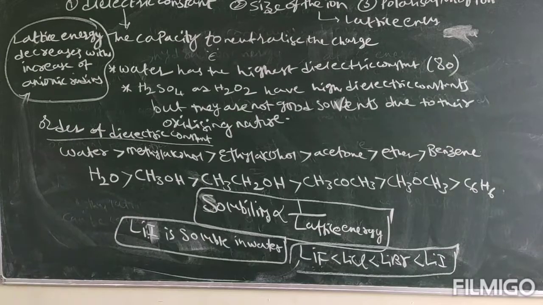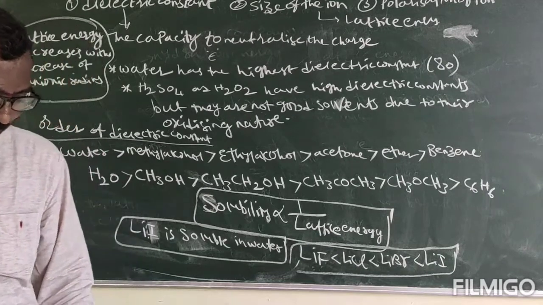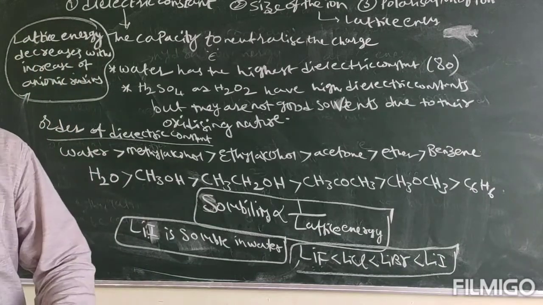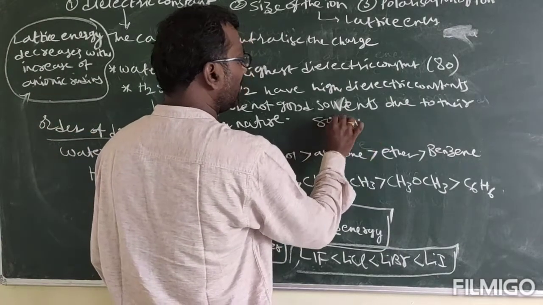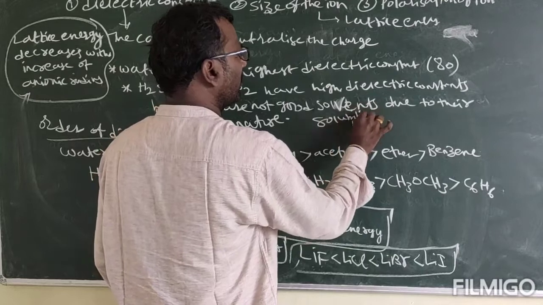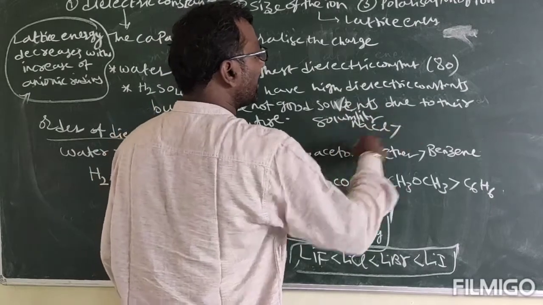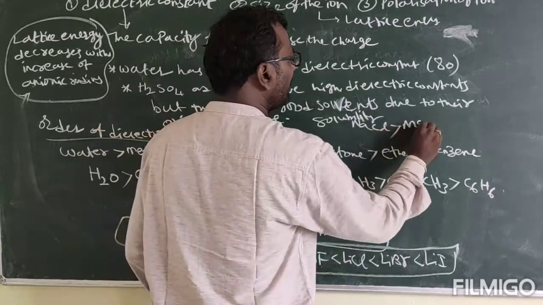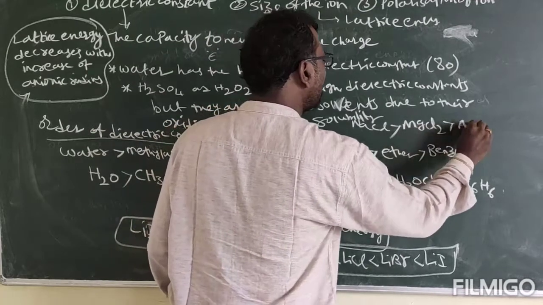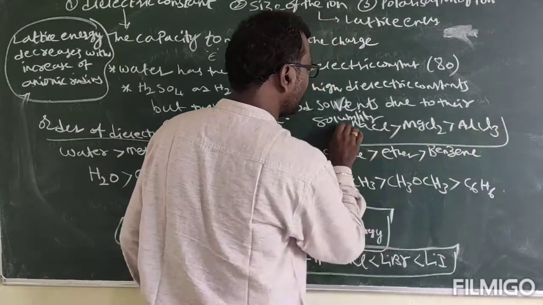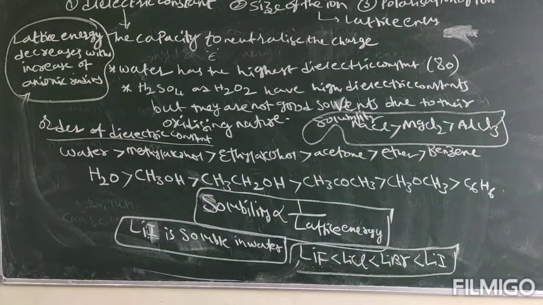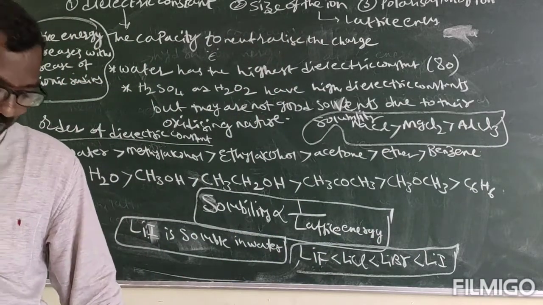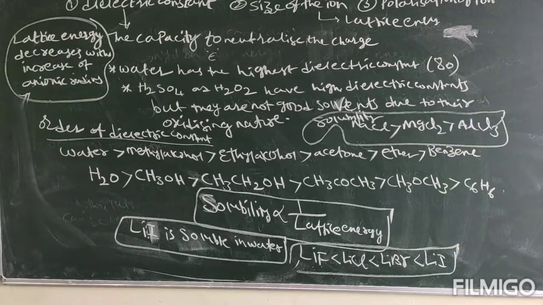Among NaCl, MgCl2 and AlCl3, which is more soluble? The solubility of NaCl is greater than MgCl2, which is greater than AlCl3.